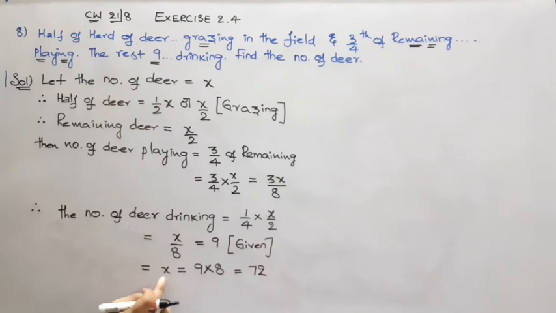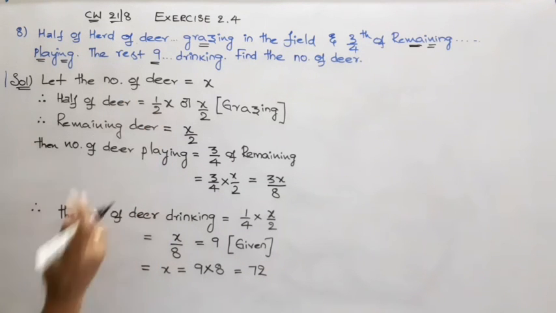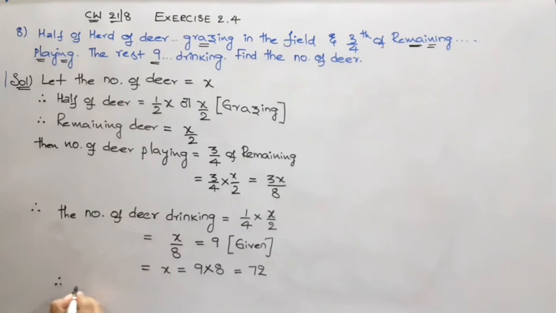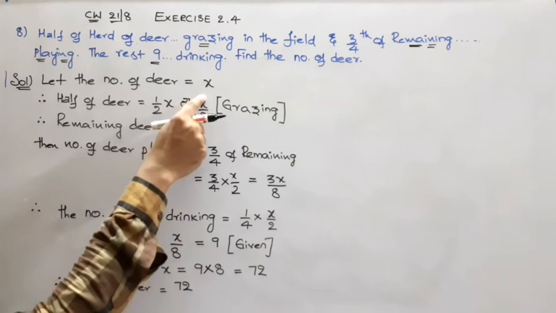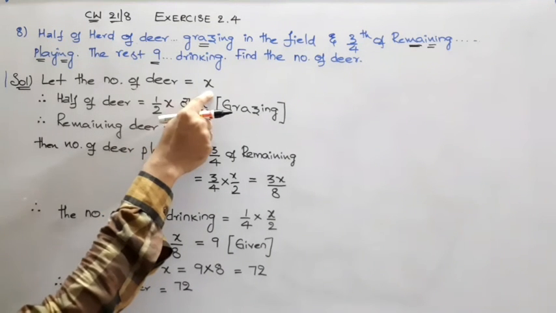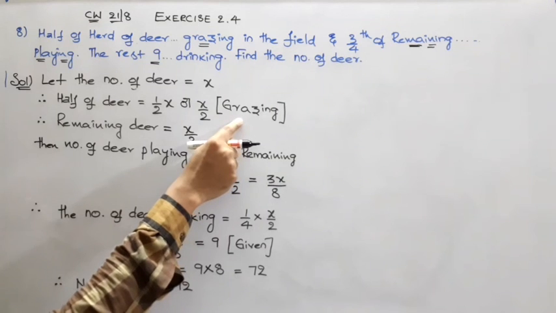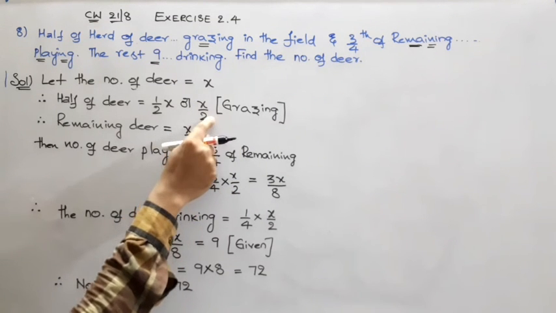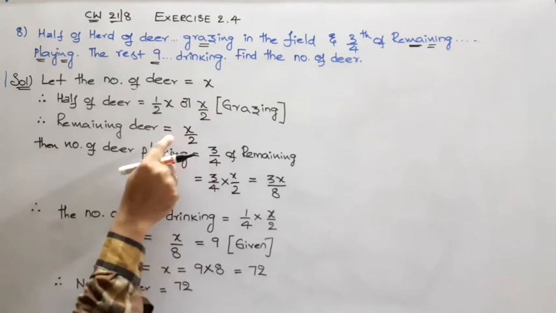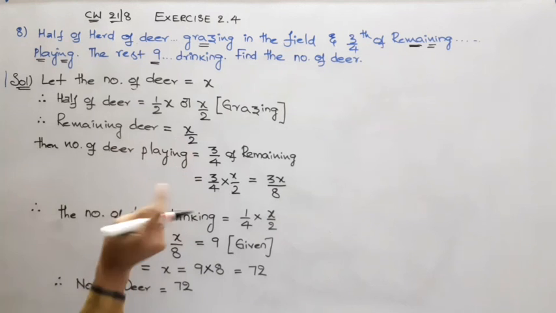Now you tell me, what is originally x? Number of deer. Therefore, number of deer is equal to 72. Look. First part, number of deer we took x. They gave that half are grazing, that means x by 2. If half are grazing, the remaining half will be x by 2.